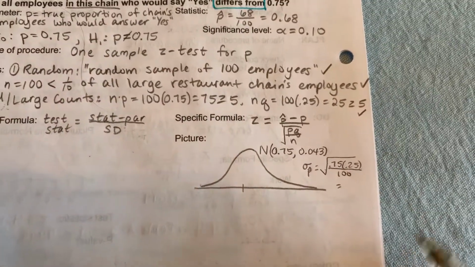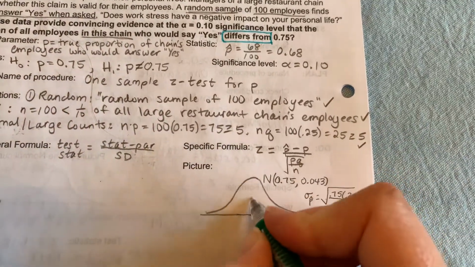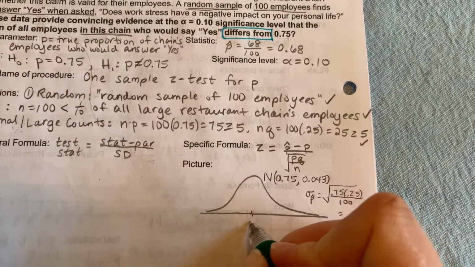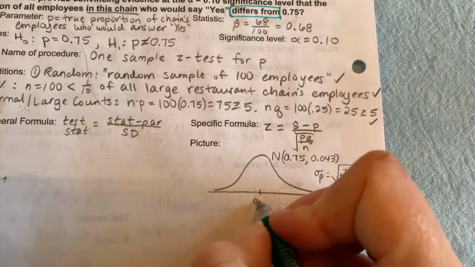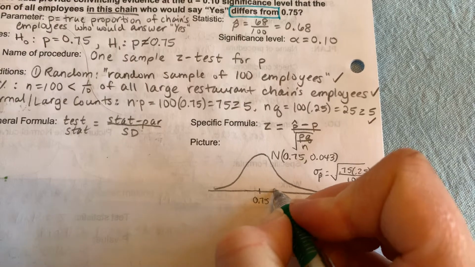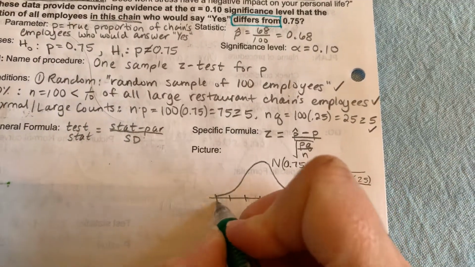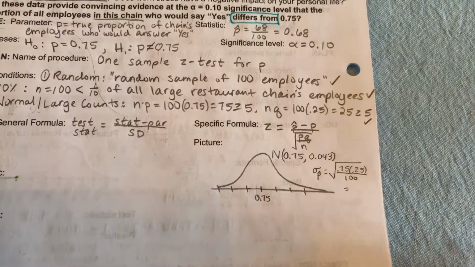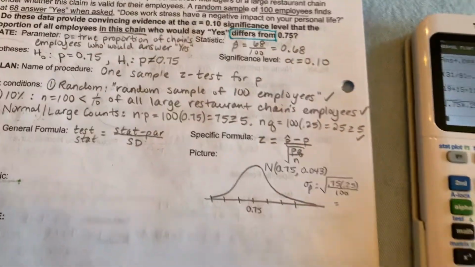So now, I didn't make my normal curve very even, did I? Say the middle is like here. Okay, so my mean is 0.75, and then I need to calculate 3 standard deviations above and below the mean. Notice I'm really more interested in below because that's what my sample proportion is, but I'm going to go ahead and calculate them all.